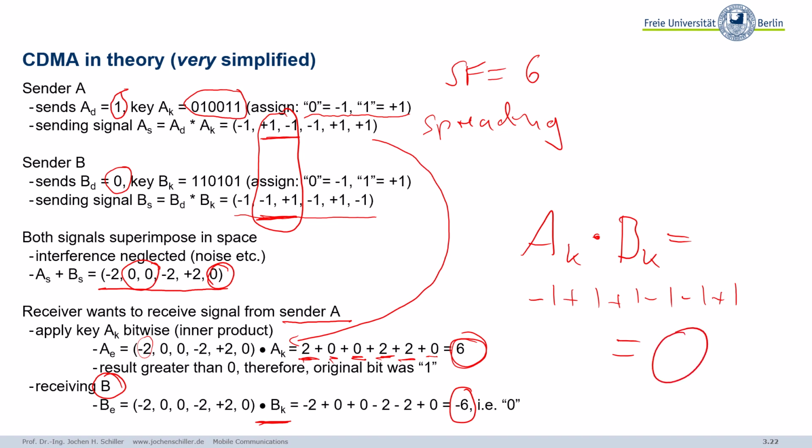That means we have perfect orthogonality, think of vectors. They are orthogonal. That was the definition of when 2 vectors are orthogonal: if the inner product equals 0. And here in this simplified example, in a perfect world, we have perfectly orthogonal vectors. So the inner product is 0. Great.